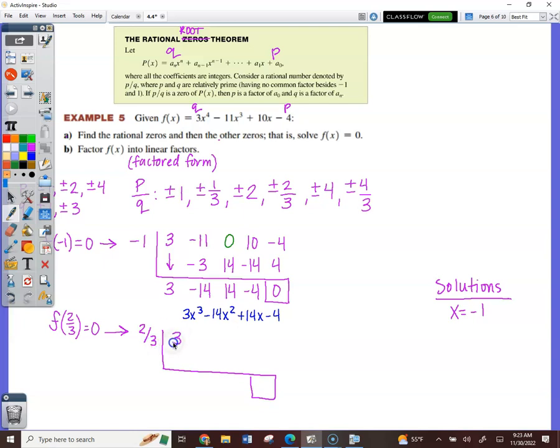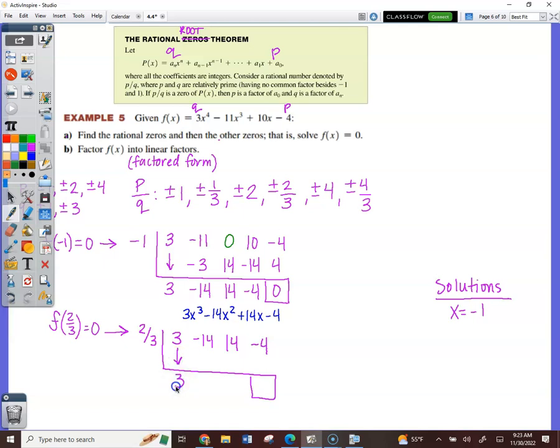We've got 3, -14, 14, and -4. Now, I know you don't like the 2/3, so let me remind you that when you are multiplying by 2/3, that is the same thing as saying times 2 divide 3. So you could do this in your head if you break it down like that. Times 2 divide 3.